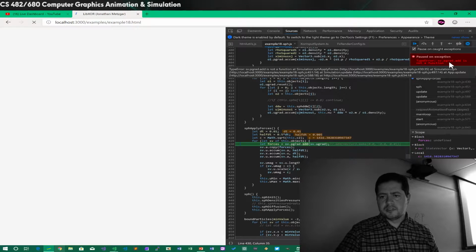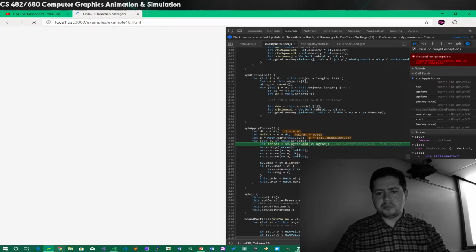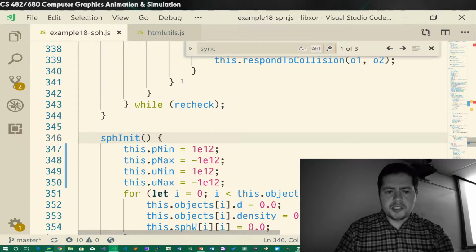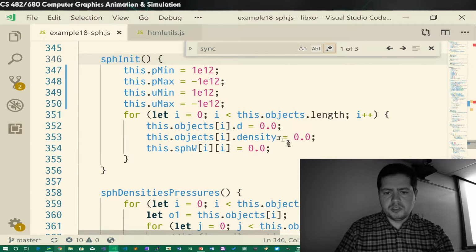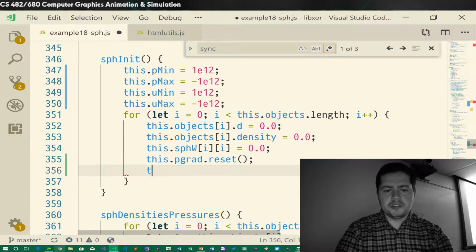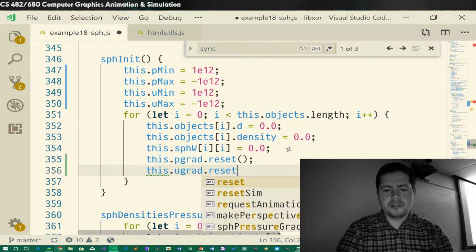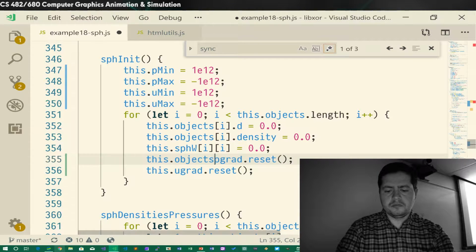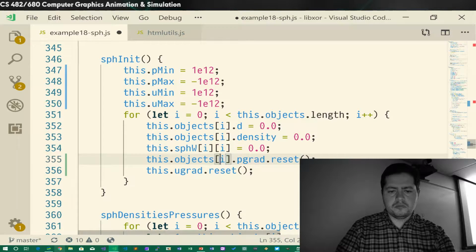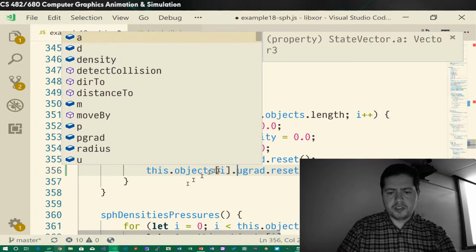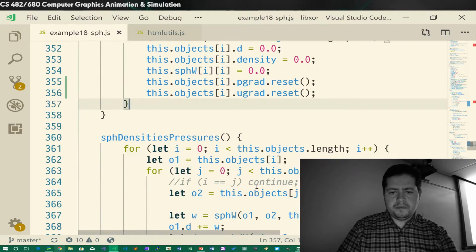sv.pgrade.add. Oh, we must not be setting the pressure gradient. Let's go to initialize. this.p gradient.reset. this.u gradient.reset. Okay.